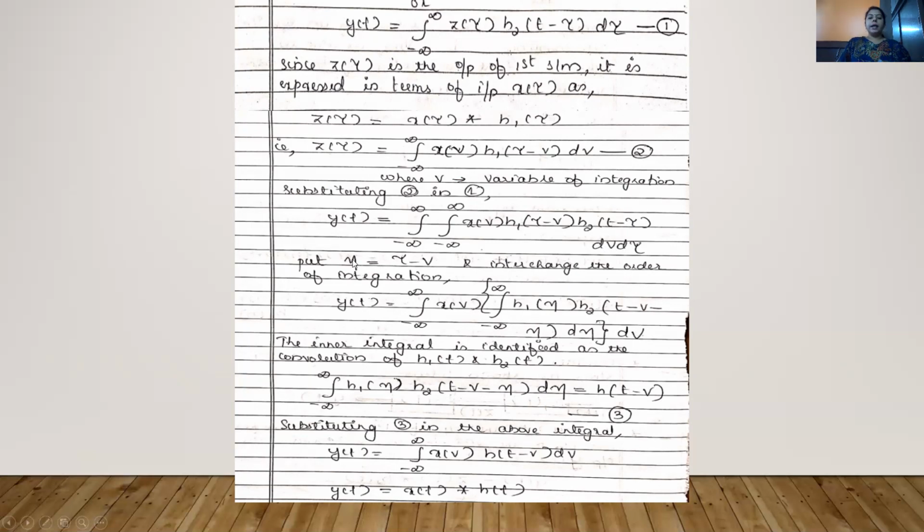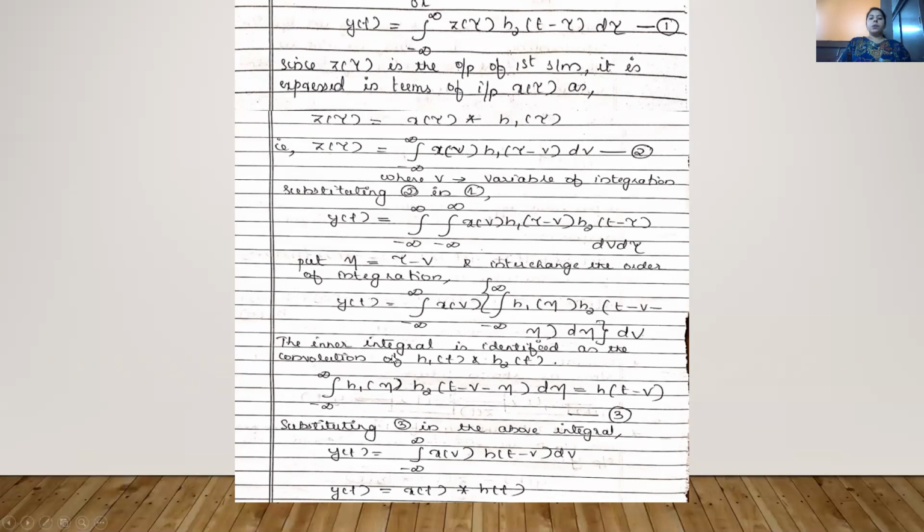So x of v I'm not going to change anything. This portion will become h1 of eta, and this portion will become h2 of t minus, here from this equation I can write tau is equal to eta plus v, so h2 of t minus v minus eta, d eta dv.